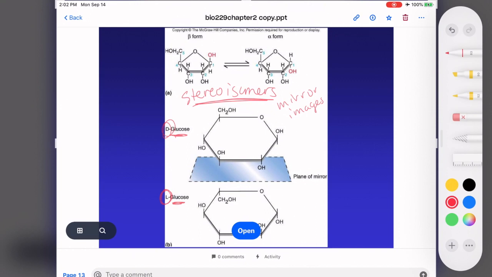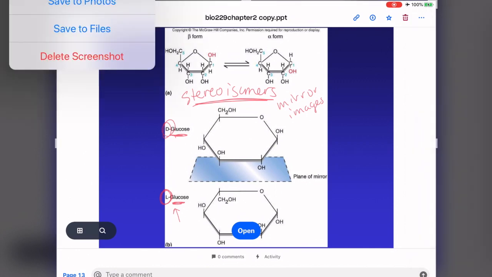And I want to say that the ones that occur most in nature are actually the L versions of sugars, not D. But they do exist, and they can be formulated in the laboratory, but they end up having different chemical properties. So which stereoisomer we're talking about actually does make a difference. Alrighty.